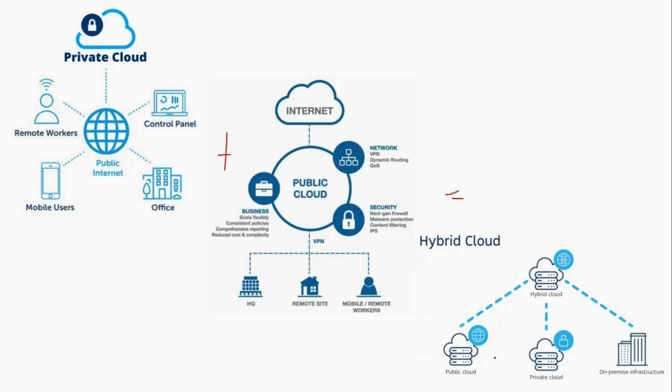If I don't want to put all my data on the public cloud, I can have a few of my organization's highly secured or confidential data on my premises, and a few of the information or data hosted off the premises. So that's about public, private, and the hybrid cloud.